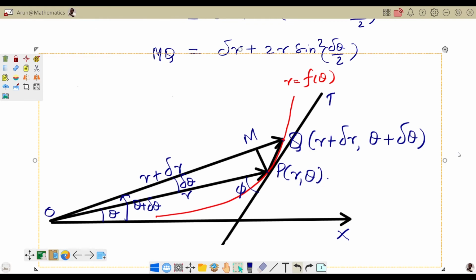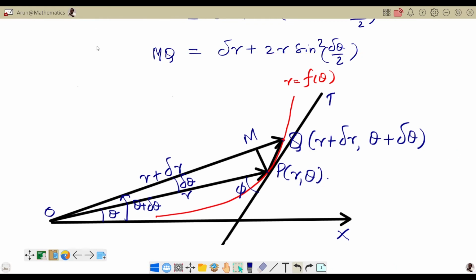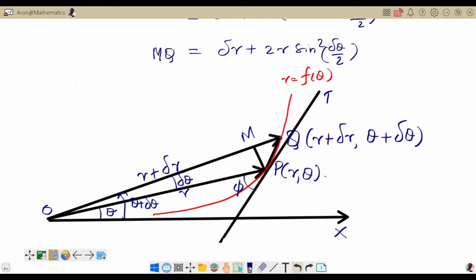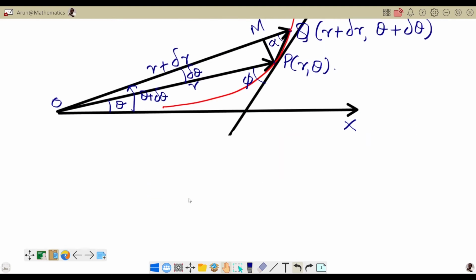Now if you let angle MQP to be alpha, so if you let this angle to be alpha, we get tan alpha equal to PM by QM.